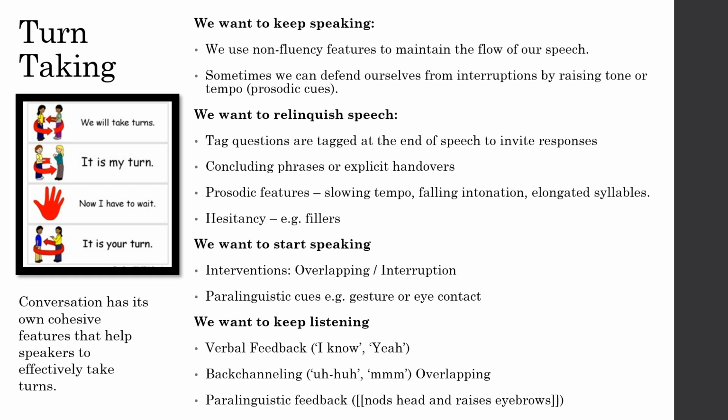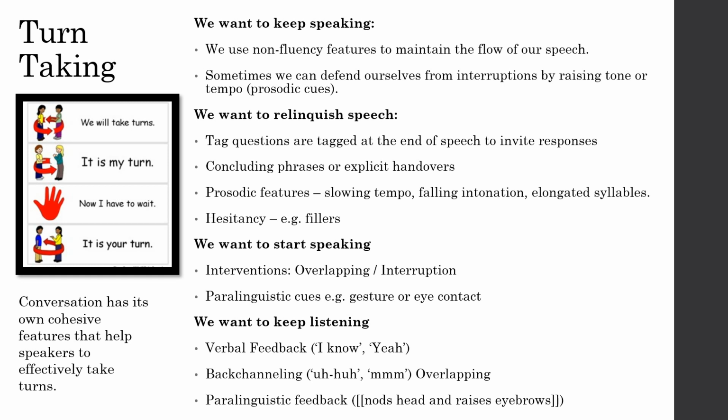Okay, conversation obviously has its own cohesive features that help us to take turns, and you may have considered that when you want to keep speaking, you use non-fluency features to maintain the flow of our speech, as we looked at before. So, for example, you use fillers, or you use hedging or cliche, or you use voiced pauses to keep your flow of speech going in a way that shows that you're continuing.